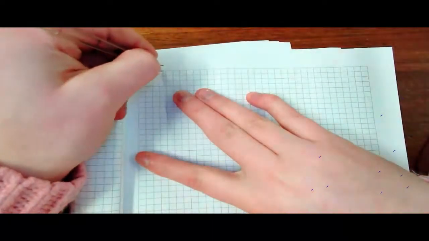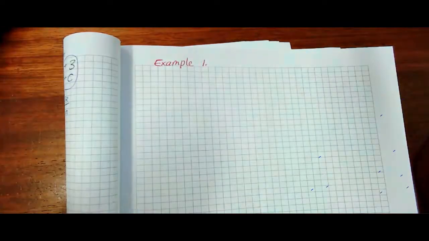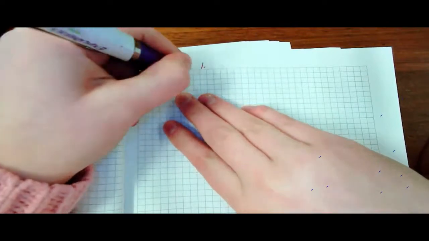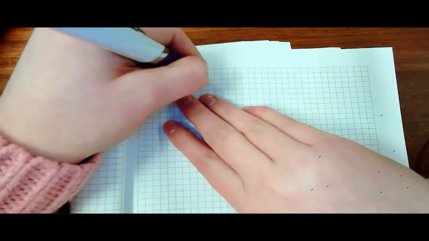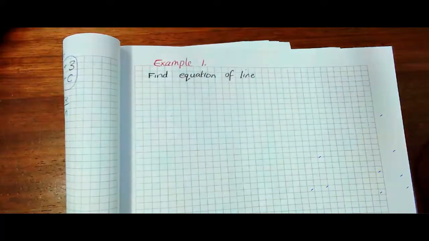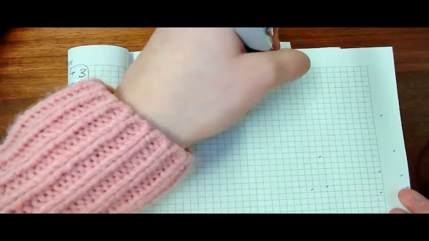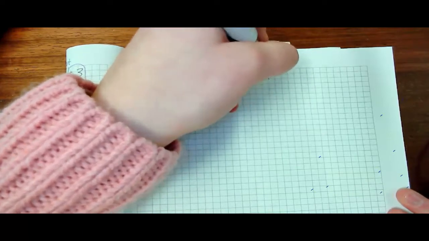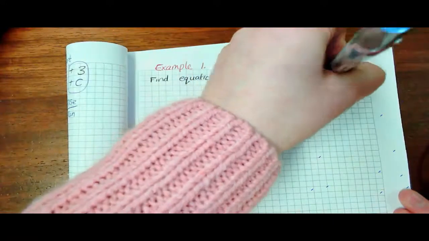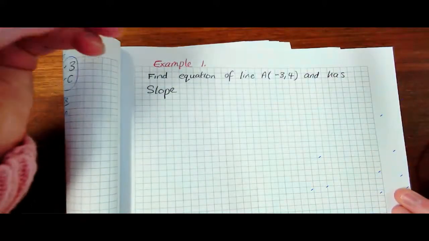So example 1 then. Find the equation of the line that passes through the point A, which is -3, 4, and has a slope of -0.5.